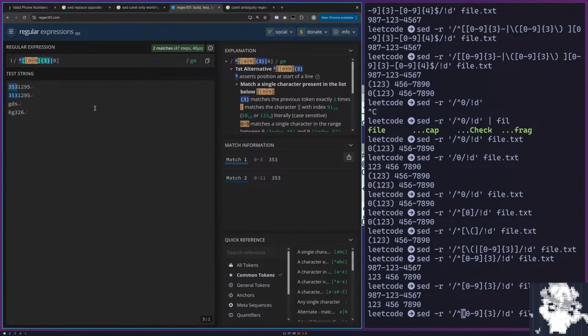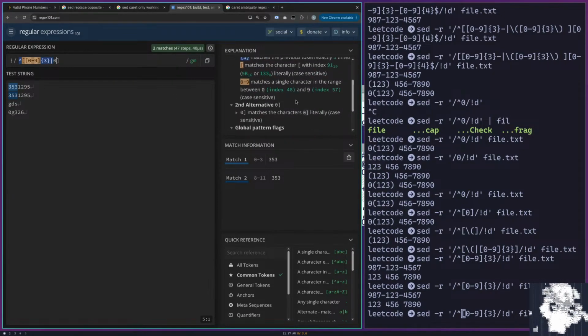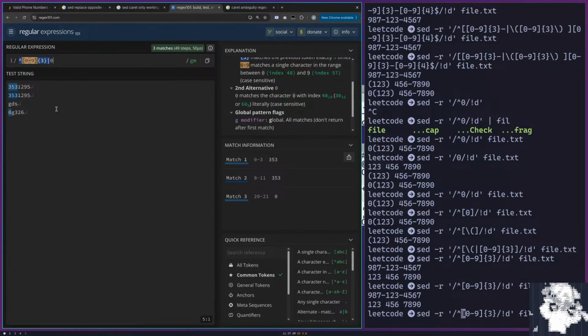If I put the caret at the front, I don't know why it's not matching the zeros. Is this not how you do OR? You don't need the square braces to do the OR? Is that it?